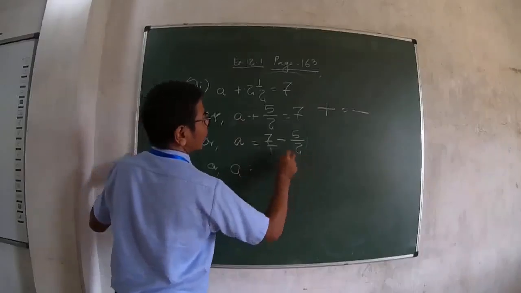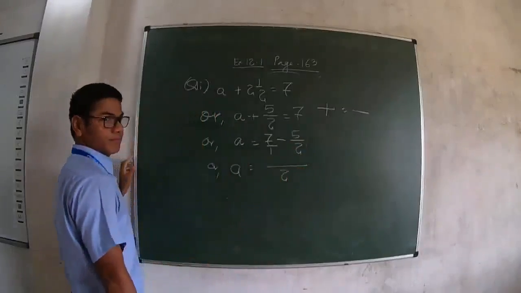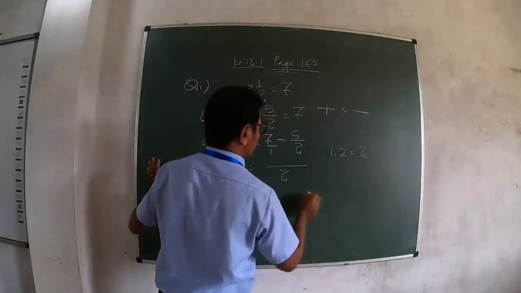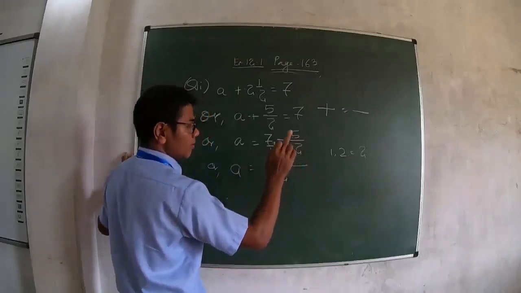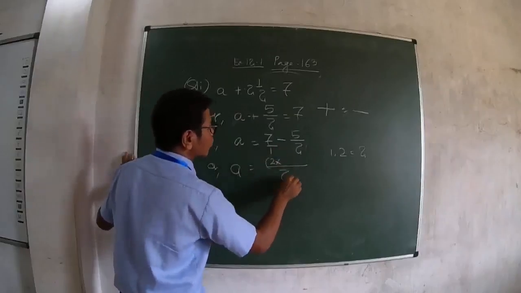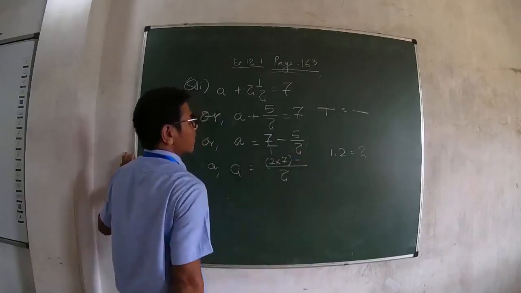Now, 1 and 2, the LCM is 2. So write 2. 1 how much is the 2? 2. 2 into 7. Right?